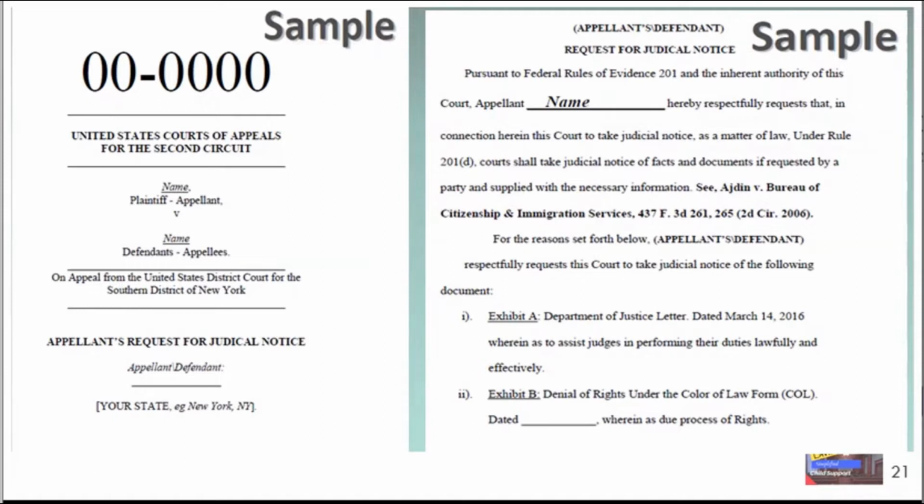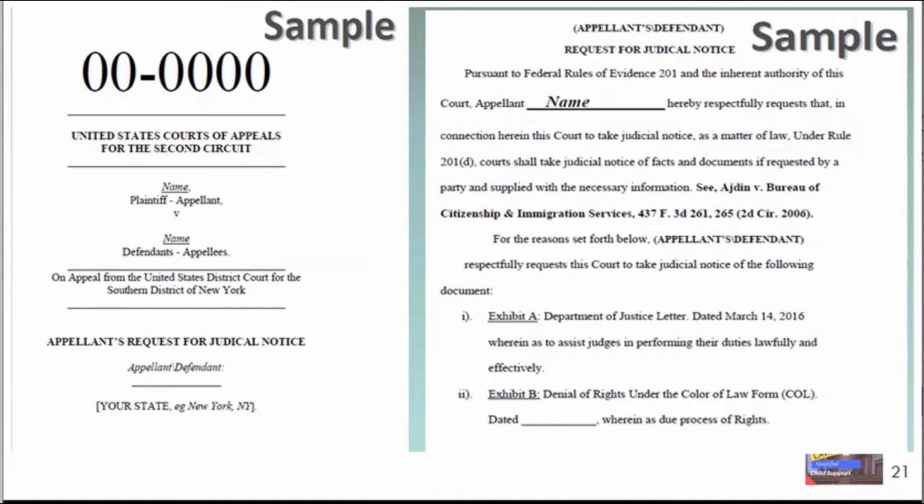Under that, you specify that you'd like to submit these documents under Federal Rules of Evidence 201. Earlier we said the federal rules and the Constitution are the supreme law of the land, so it's perfectly okay to use that in any local court. So what you're doing is asking the court to take the request of judicial notice.